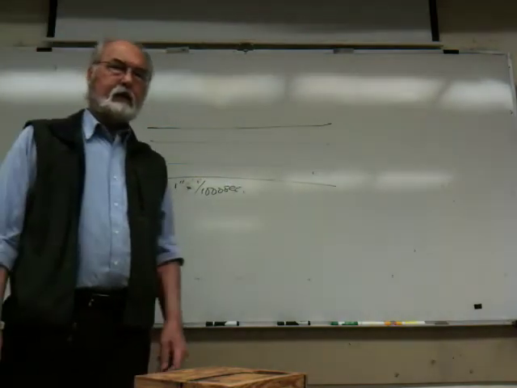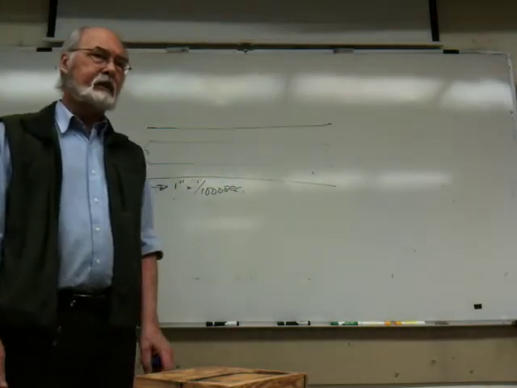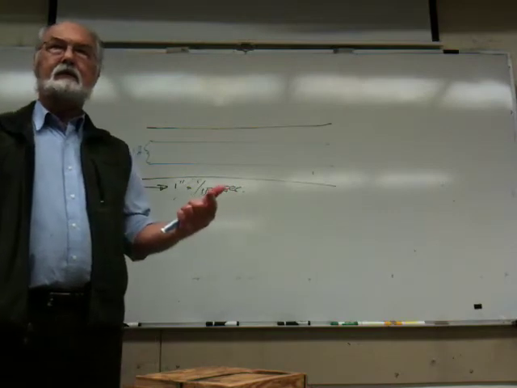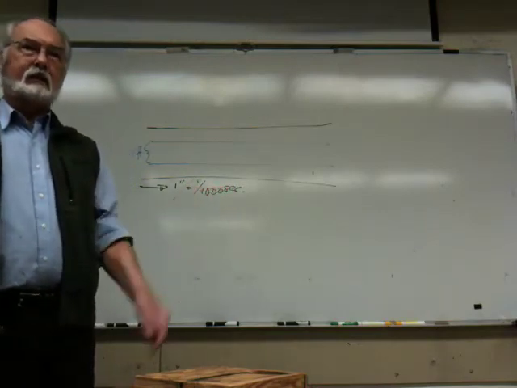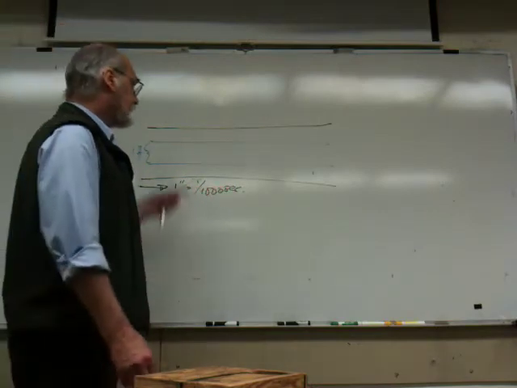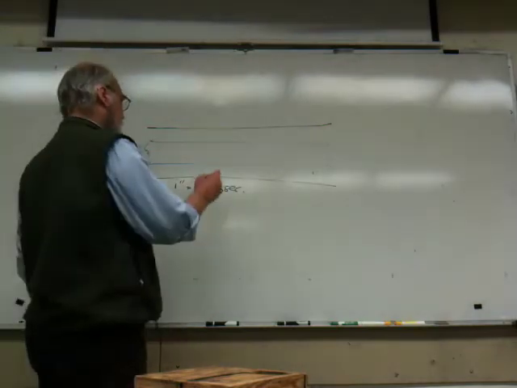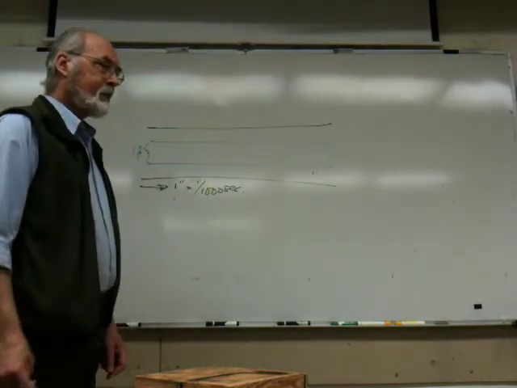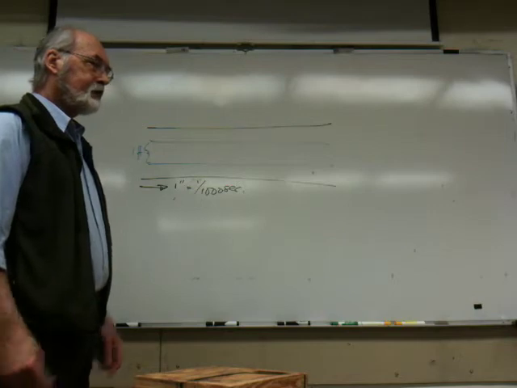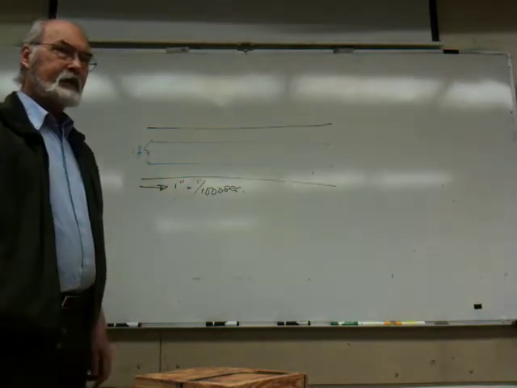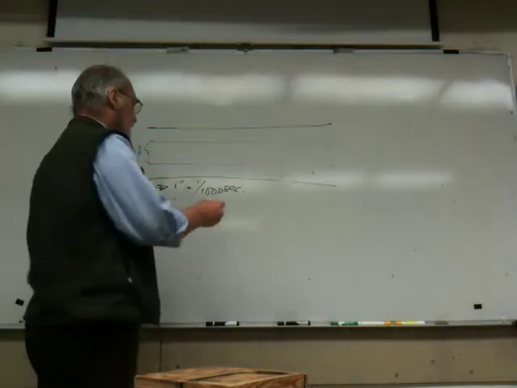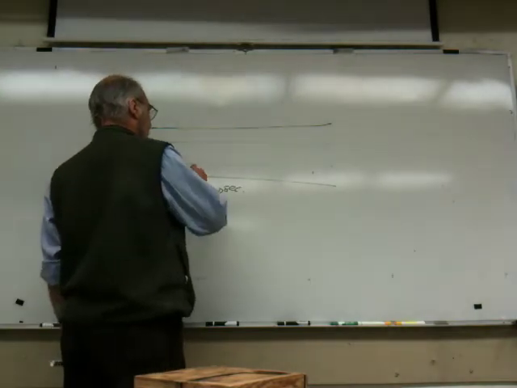And each team is going to be photographing a long rifle, 22, and a short. So you'll have 2 traces on here, if you're lucky. They will be clearly separated. If not, it doesn't matter. But anyway, there'll be 2 lines.